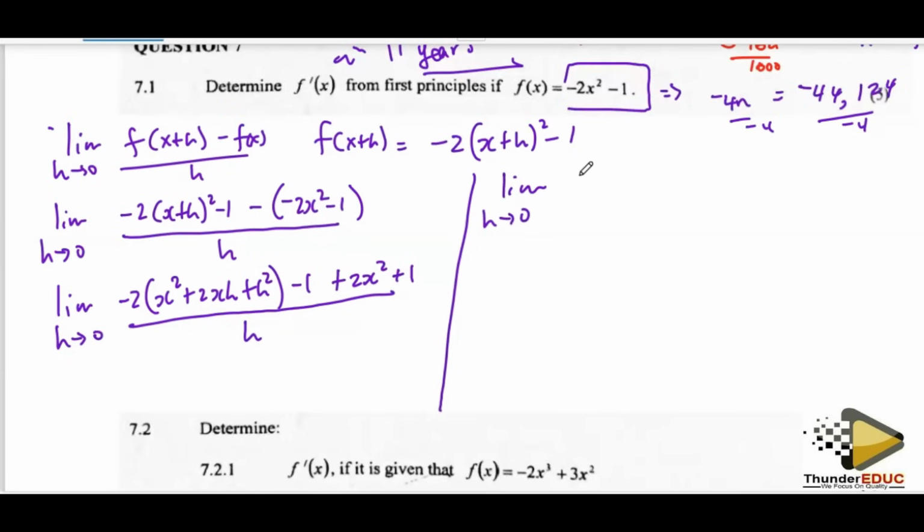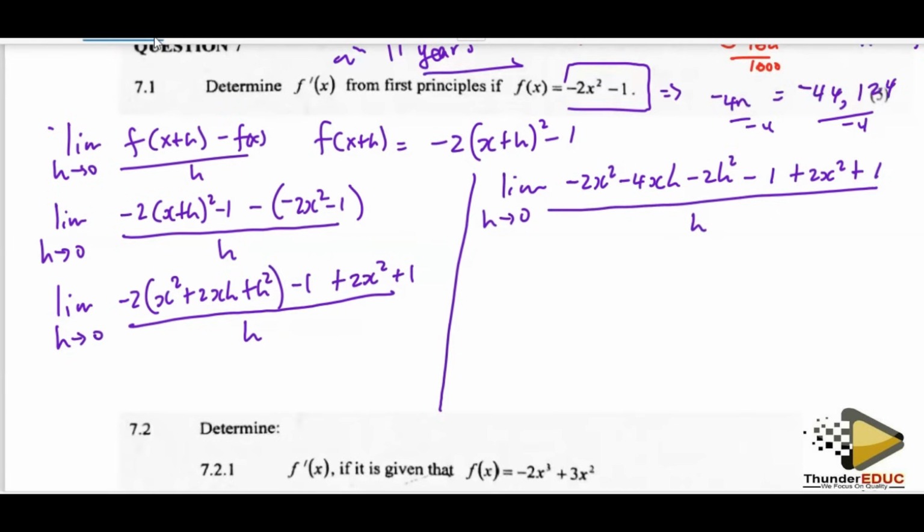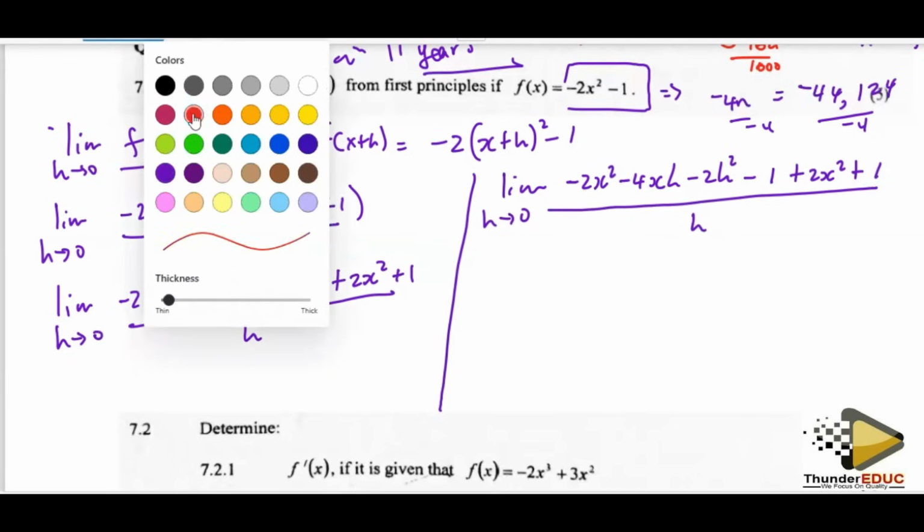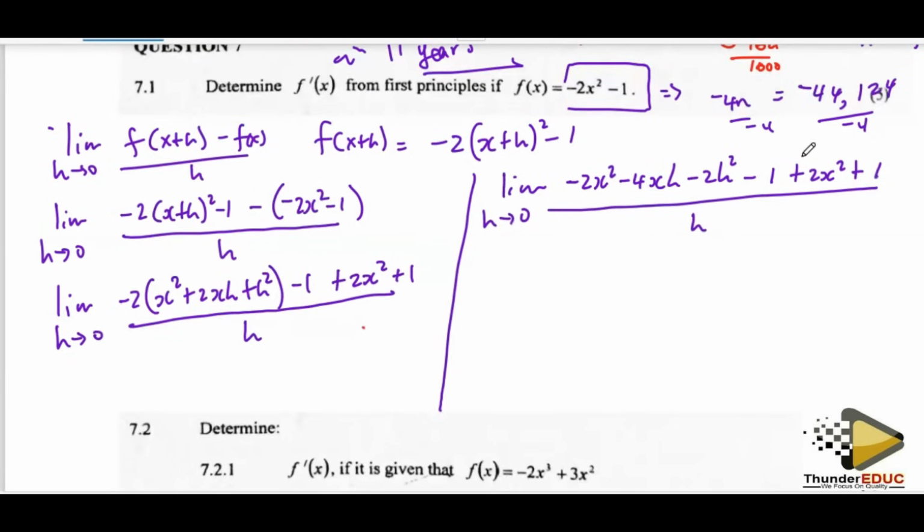I'll open this bracket of mine: negative 2x squared minus 4xh minus 2h squared. And then I'm having a minus 1 plus 2x squared plus 1. Everything is over h. Remember, whenever you do first principles, certain things must cancel. So this is going to cancel with that.